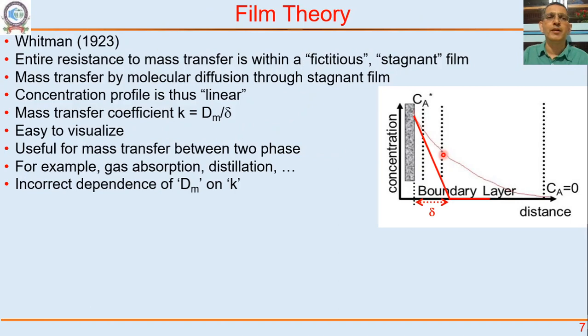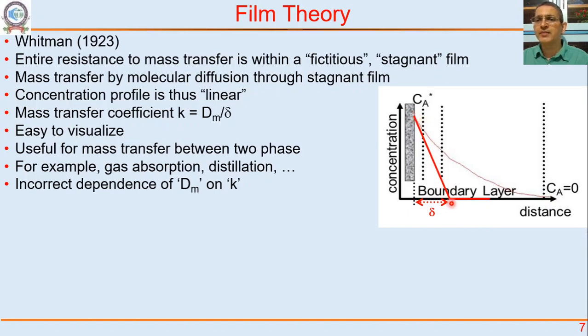First theory is called the Whitman film theory. What this theory says is that the entire resistance to mass transfer is within a fictitious stagnant film. Actually, we are going to visualize the concentration profile like a layer.